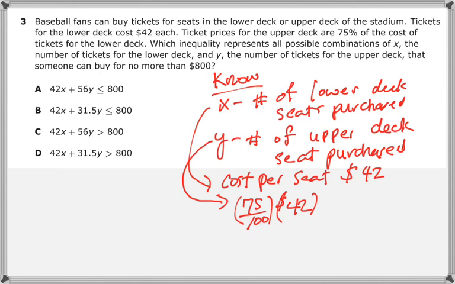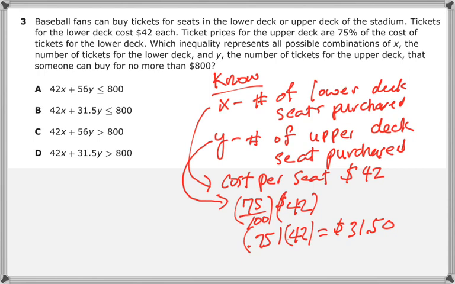So that's going to give us 0.75 times $42. Let's put that into a calculator: 0.75 times 42 gives us $31.50. So that's our cost of the upper deck seats.